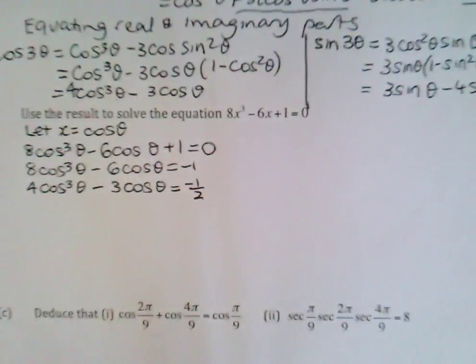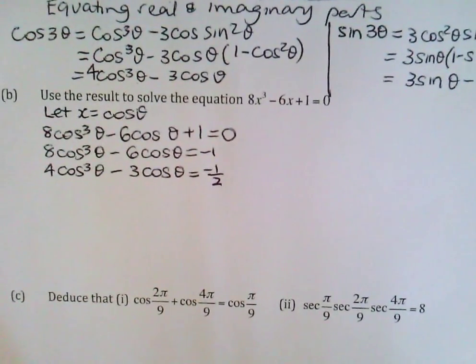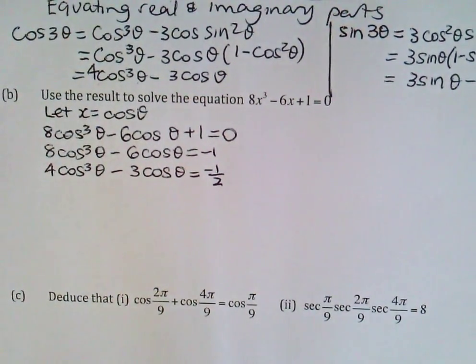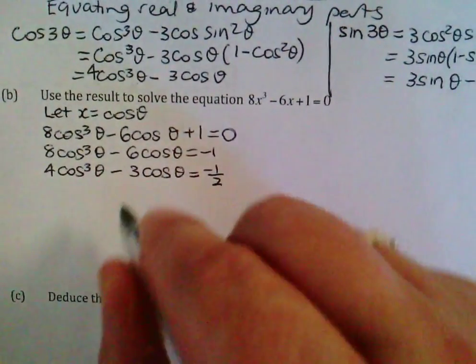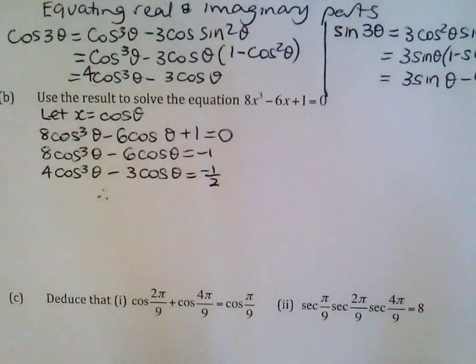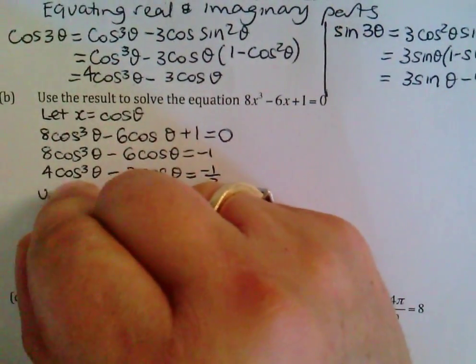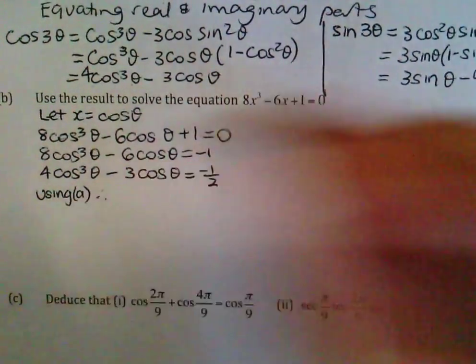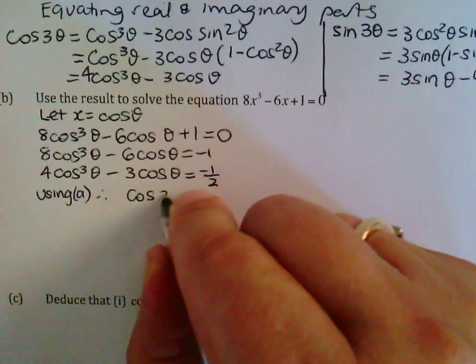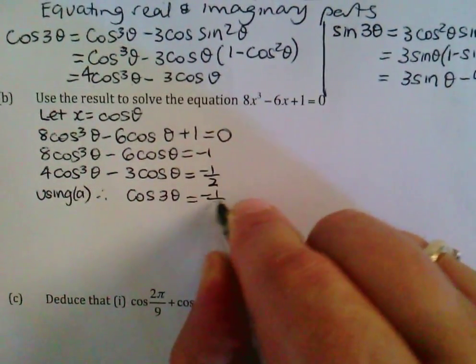Now, what do you think I should replace that 4 cos cubed theta minus 3 cos theta with? Yeah, just replace it with cos 3 theta. So using your bit from part A, we can say therefore cos of 3 theta equals negative a half.